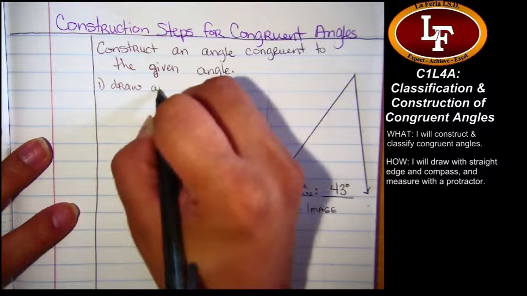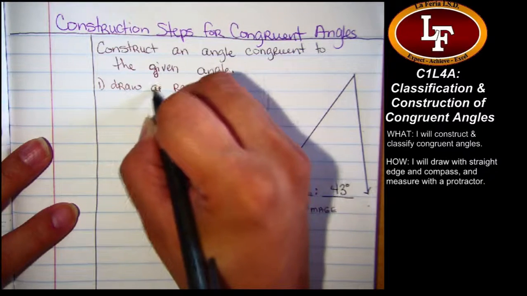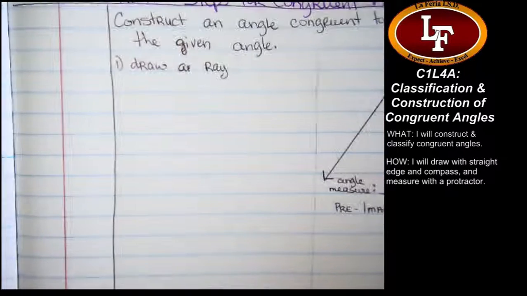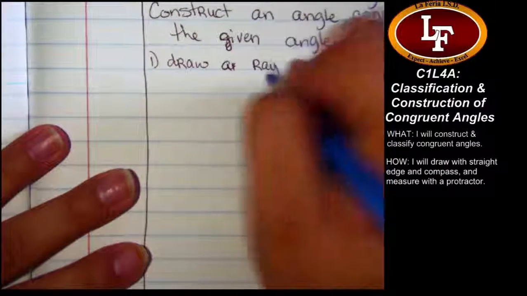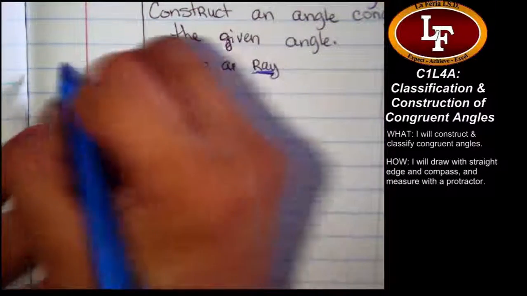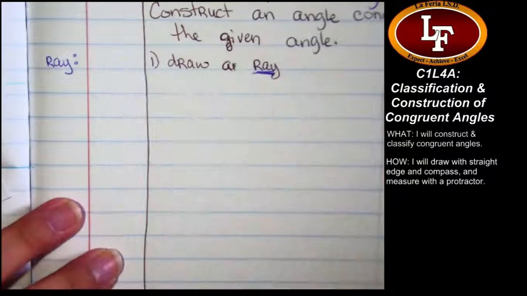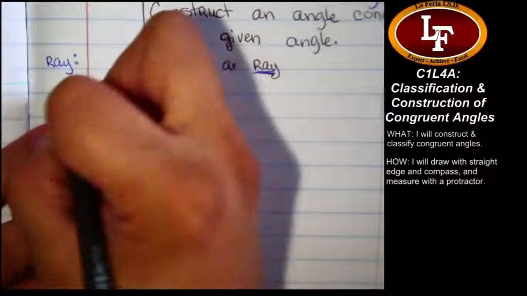Step number 1. Draw a ray. I never told you what a ray was, did I? No, so let's go ahead and define what a ray is right now. I'm going to underline this word in blue, and over here on the left, we're going to define it. Notice that that vocabulary word is on the same line in your notes, so that way your eye tracks through it.